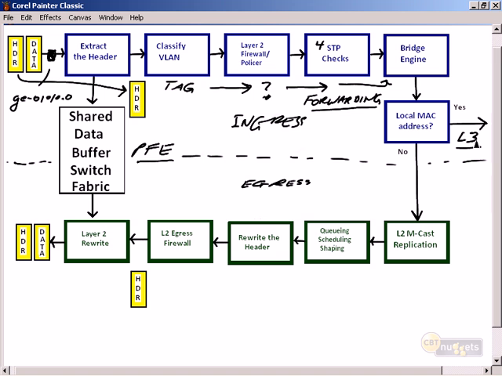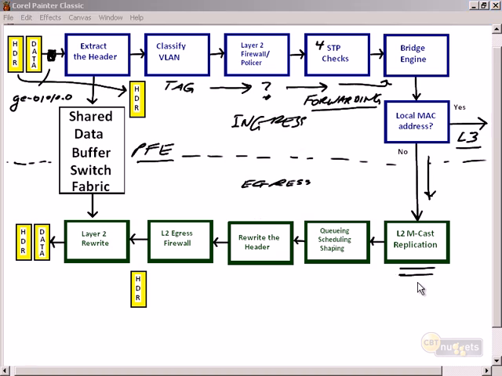If the answer is no, it's not destined for this particular device, it gets sent down into the egress processing, where the first thing it runs into is the layer 2 multicast replication if necessary. Okay, so what is this multicast replication all about at this particular egress phase?